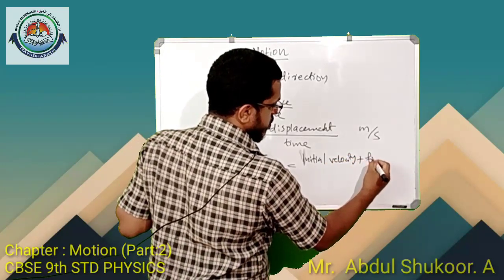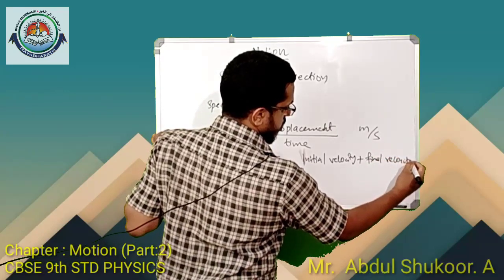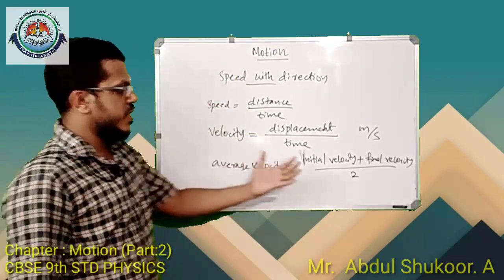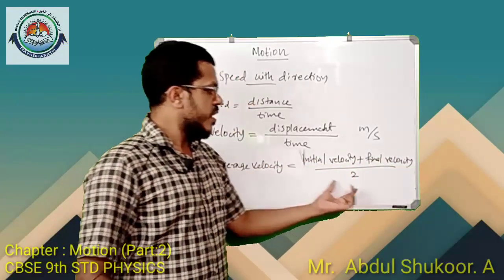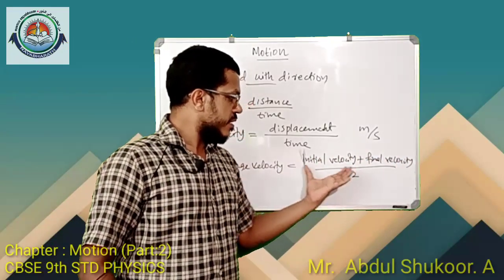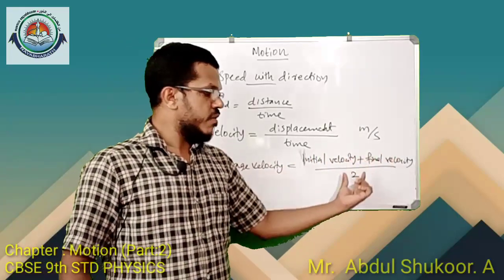plus final velocity divided by 2. The arithmetic mean of initial velocity and final velocity can be written like this: average velocity is equal to initial velocity plus final velocity divided by 2.